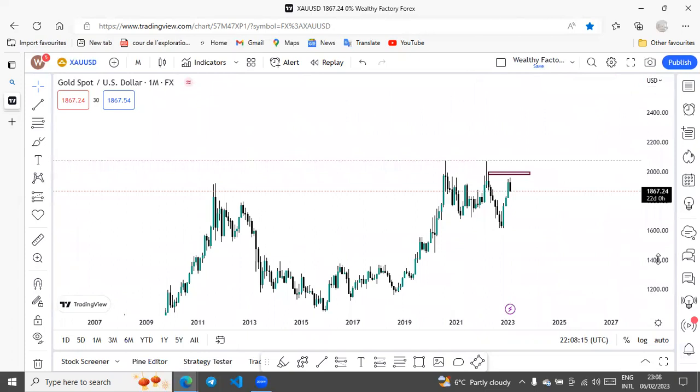So, guys, gold right now, as you are going to be watching this video, gold is going to drop like crazy. We're going to have a massive drop on gold if this candle closes below here. Most likely this whole year, gold is going to drop all the way down here.